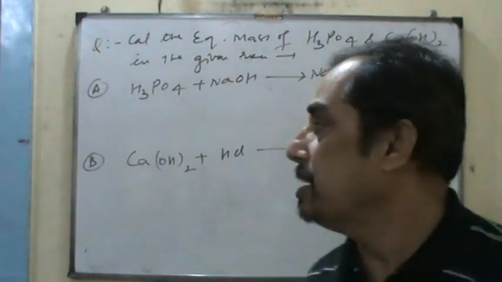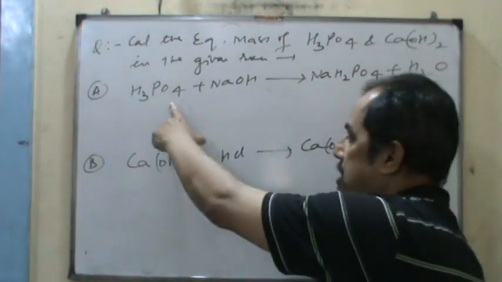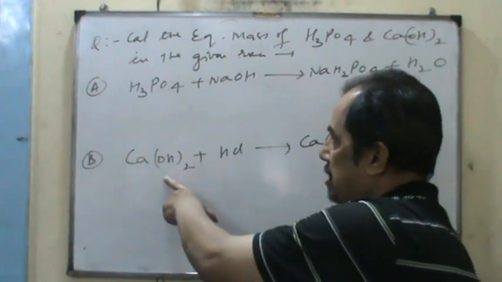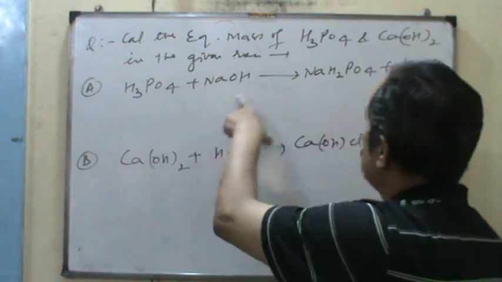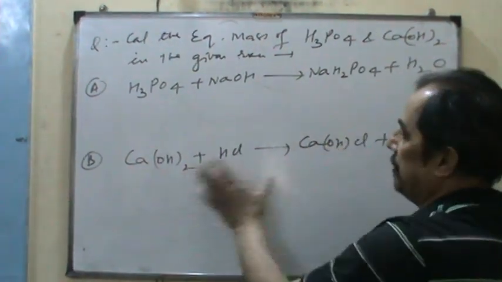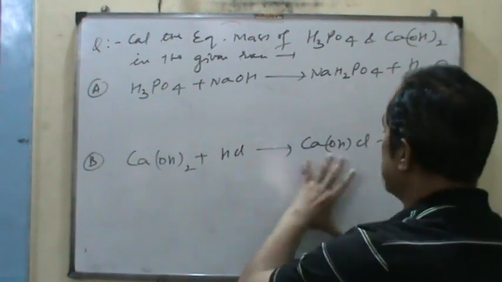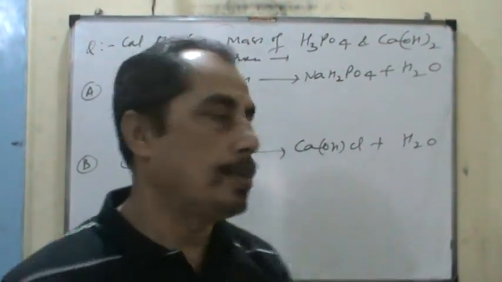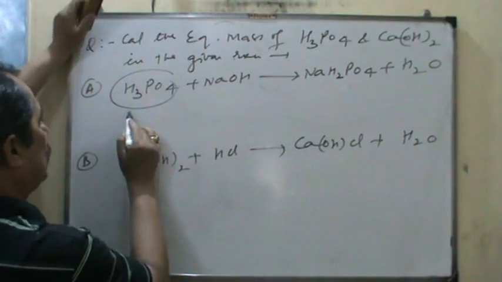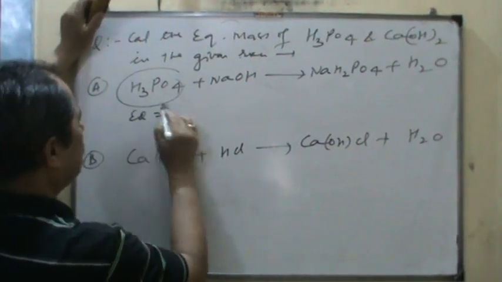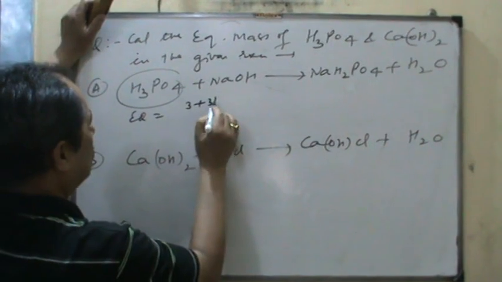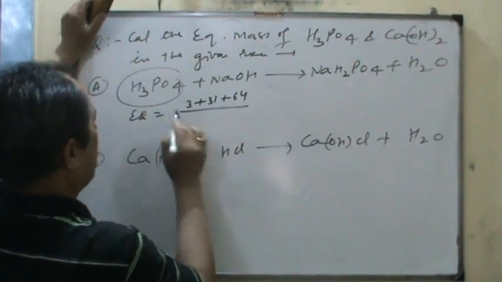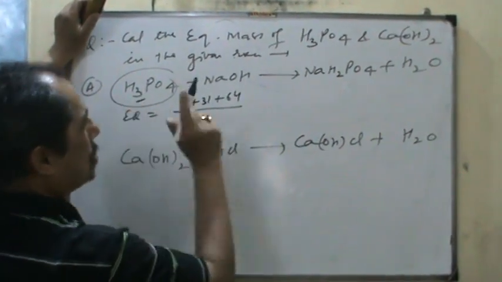What is the equivalent mass of orthophosphoric acid? It is the acid, and this is the base. The acid reacts with base to form salt and water, a neutralization reaction. So dear friends, here we have to calculate the equivalent mass. The molar mass is 3 plus 31 plus 64, divided by how many H it furnishes in the solution.